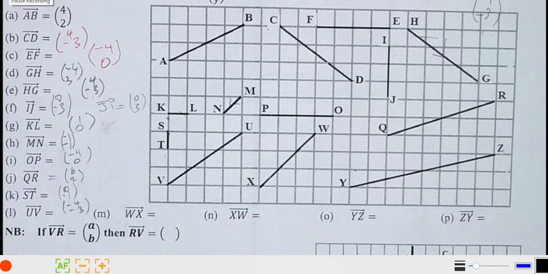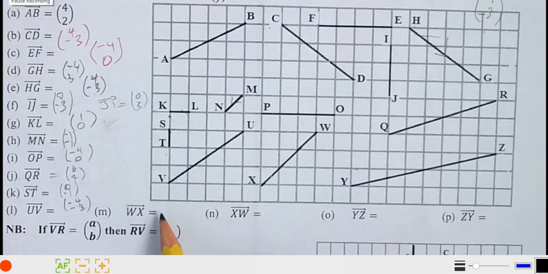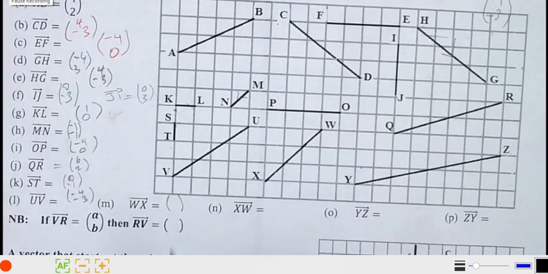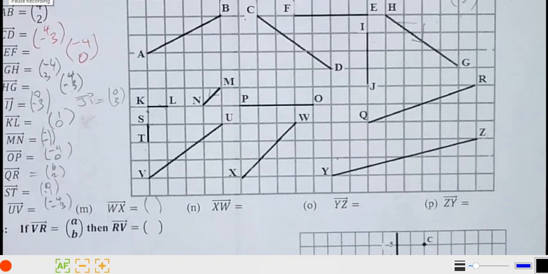Alright. Double X. What about double X? No, 3 and... it's not -3.